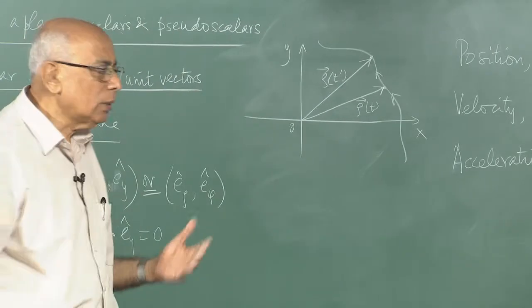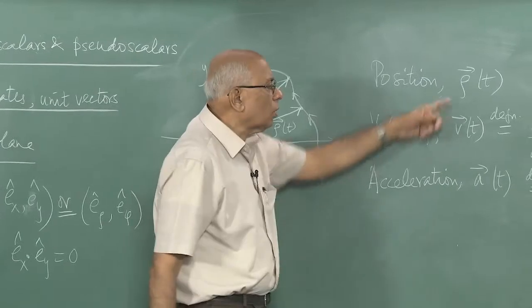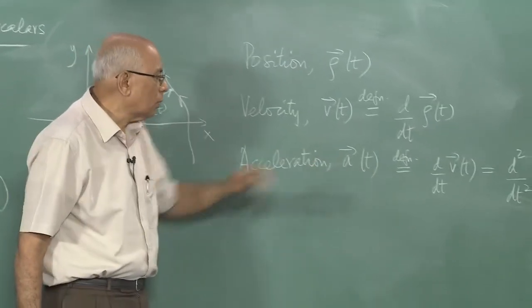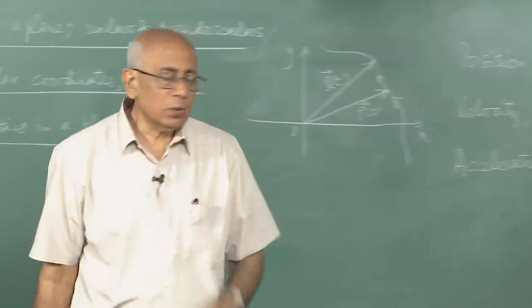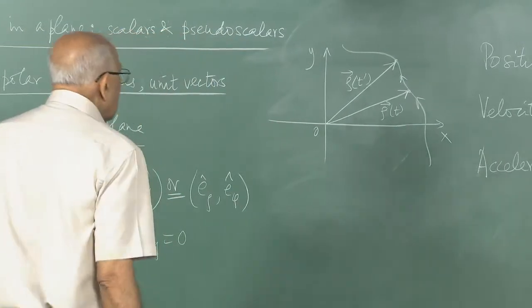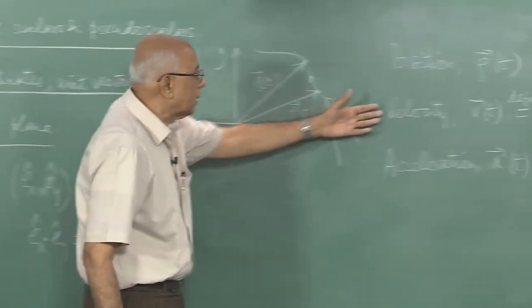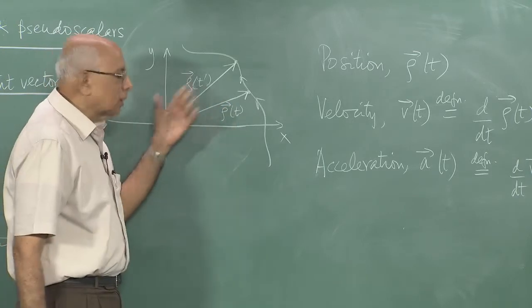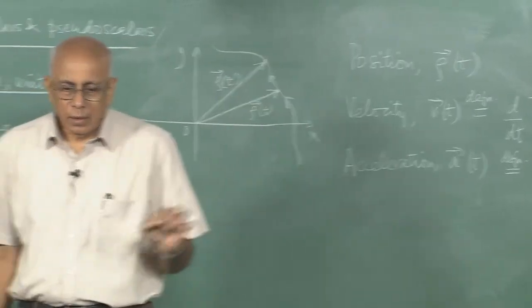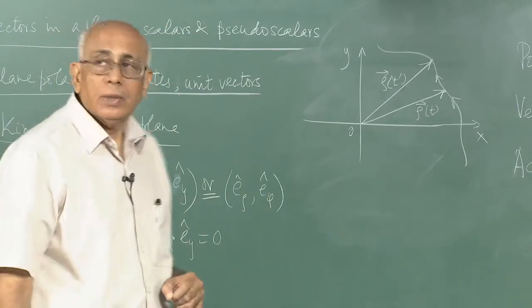You have to essentially do two integrations in order to discover this point, and that is called solving a differential equation for this quantity. Right now we are not going to do dynamics, we are going to do kinematics. So all I am going to do is to write down formulas for the acceleration and the velocity given the position and given the fact that this position will change both in distance from the origin as well as the azimuthal angle. So this is the target.